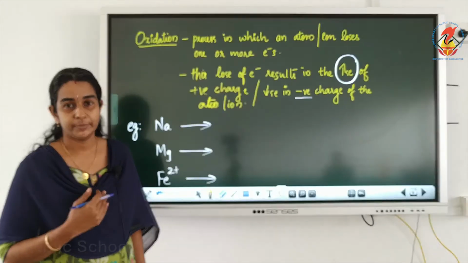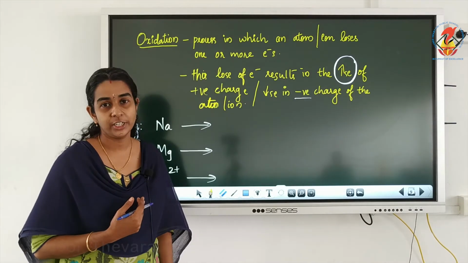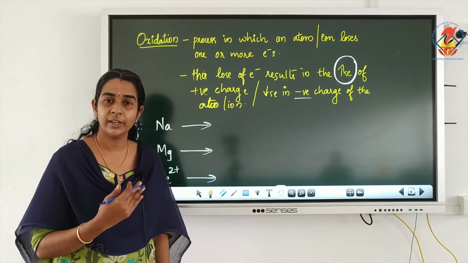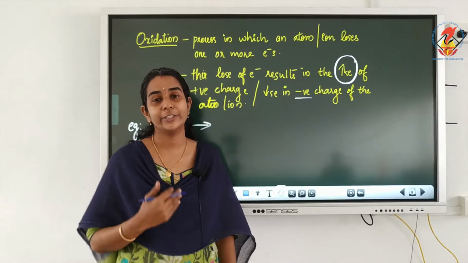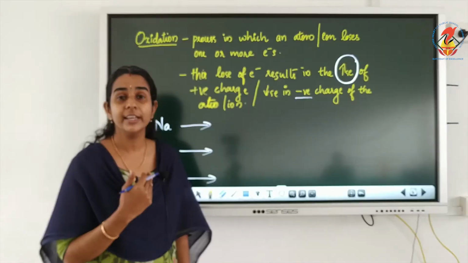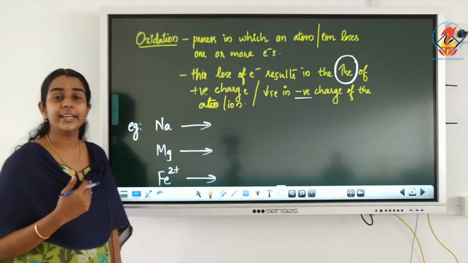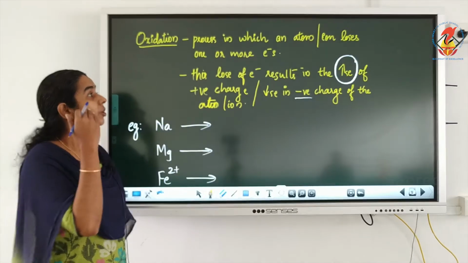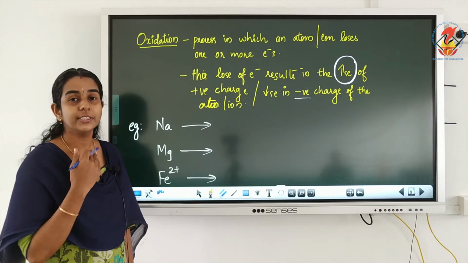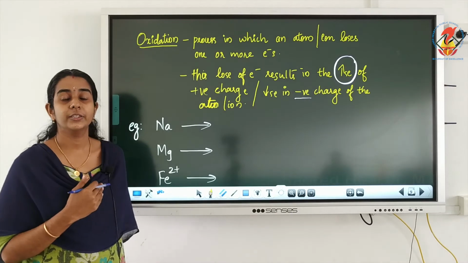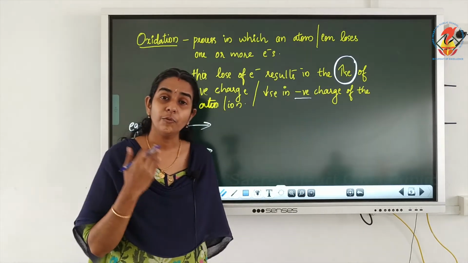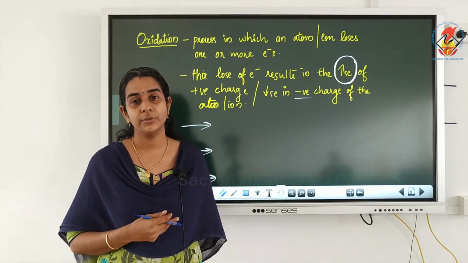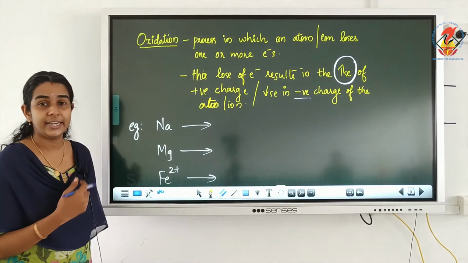According to this concept, we can define oxidation as follows: if an atom or an ion is losing electrons, we call it oxidation. So, the losing of electron is called oxidation. If an atom is losing one or more electrons, it can be called oxidation.